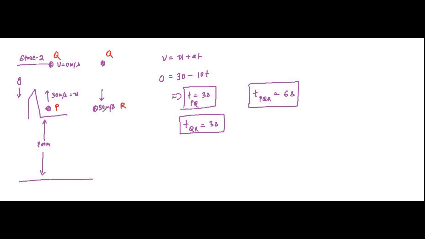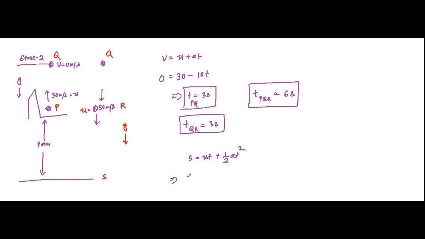Then at this point, the initial velocity for the journey from, let's say, R point to S point is equal to 30 meters per second. Gravity is acting downwards, it is supporting the motion. So for this it will be S = ut + ½at².